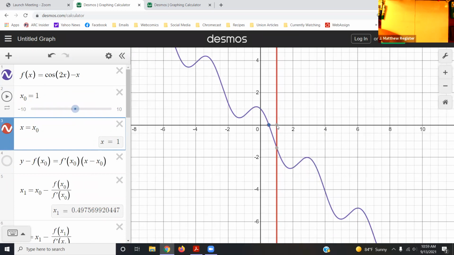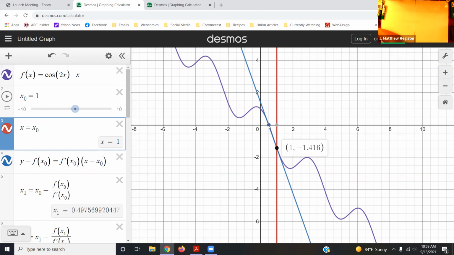And so if we start with an initial guess of 1, well, that's a terrible guess because we can see it's nowhere near where everything's crossing. But what if we took that 1 value and said, this is our guess, let's make a linearization at that point? Well, notice when we make a linearization at that point, it looks like it goes right through that point, right?